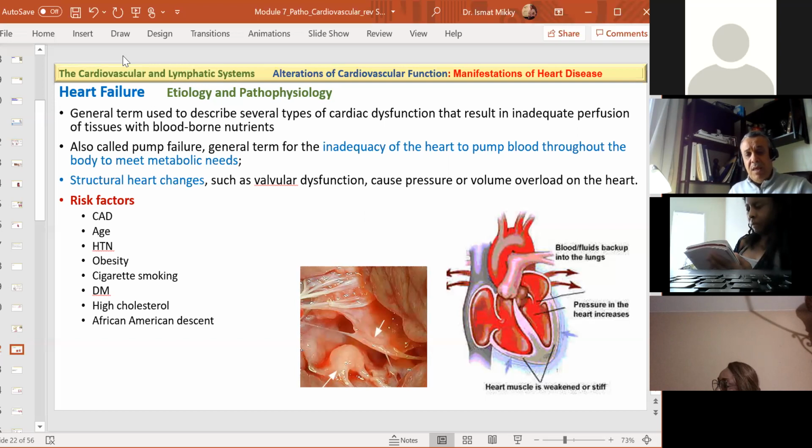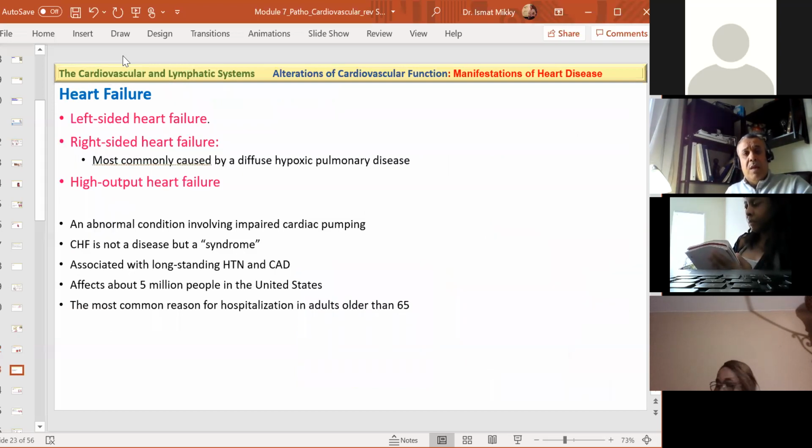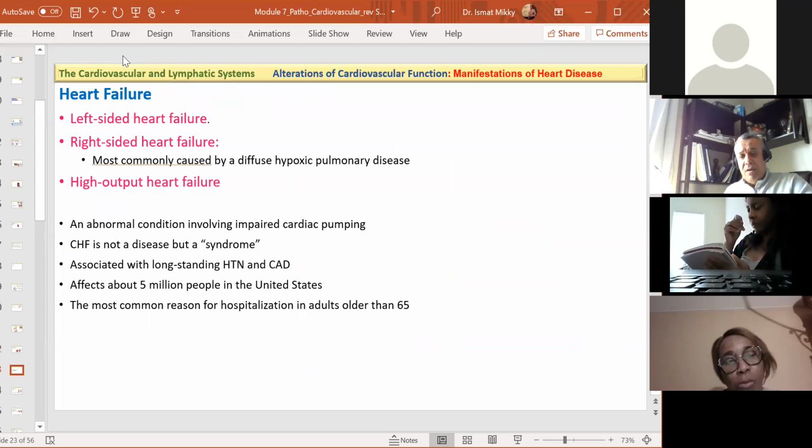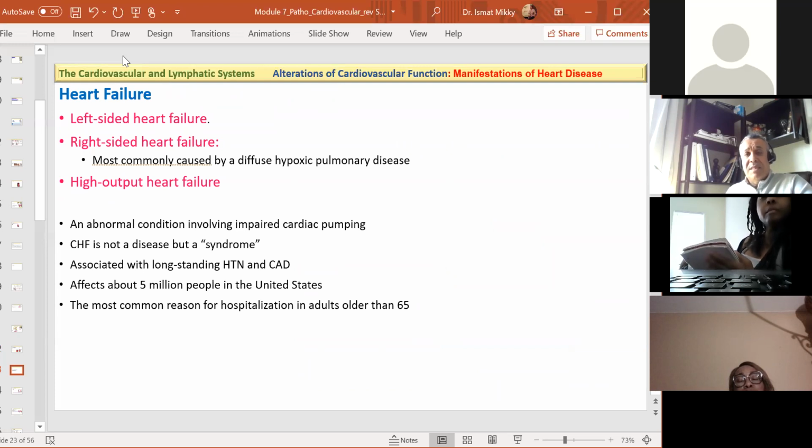So, the left side heart failure. First of all, heart failure is caused by systemic hypertension in about 75% of cases. Almost two thirds of patients with heart failure develop it from systemic hypertension.